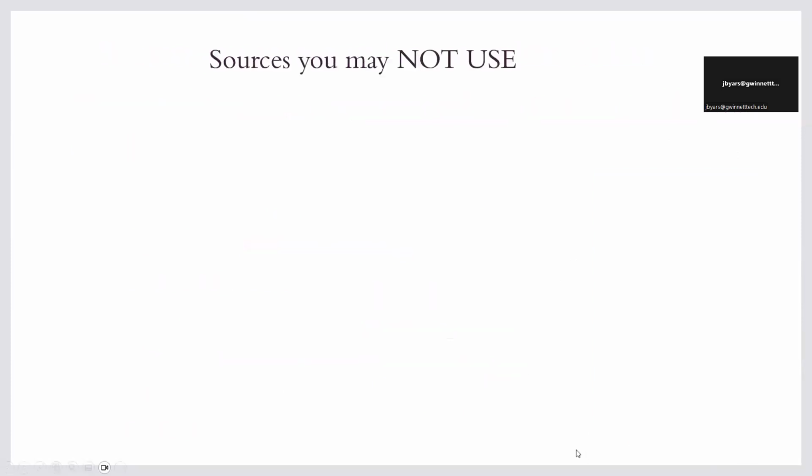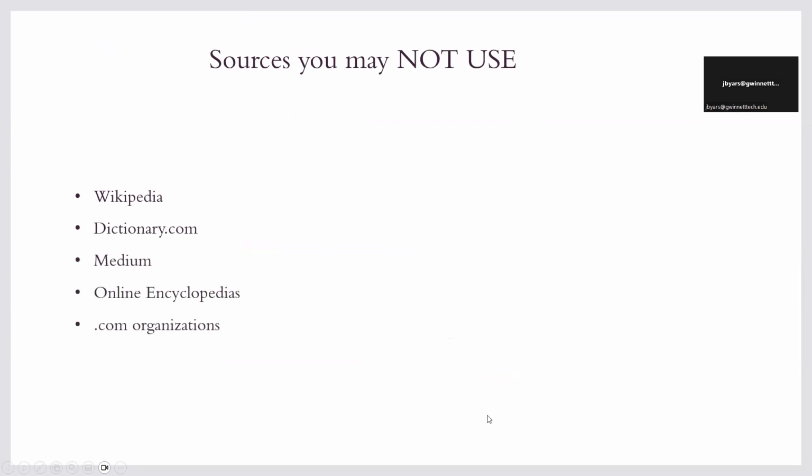All right, sources you may not use: Wikipedia, dictionary.com, Medium, online encyclopedias, .com organizations, Fox News, CNN News, anything else not on the list to the left. Okay, don't use any of these.